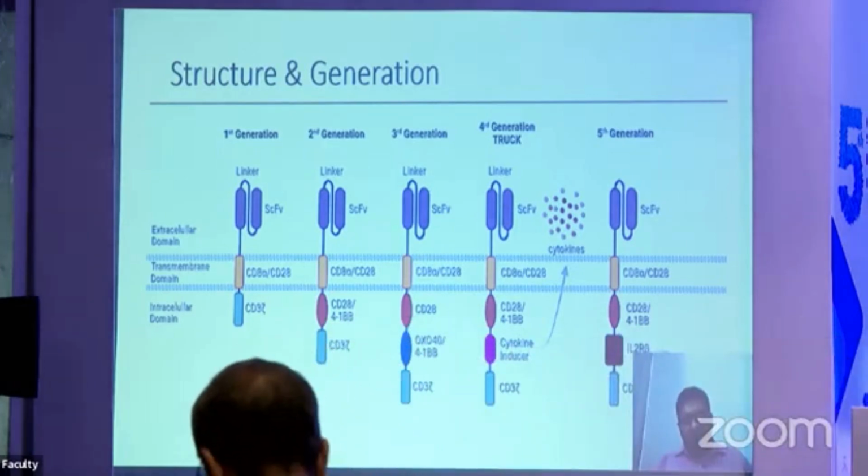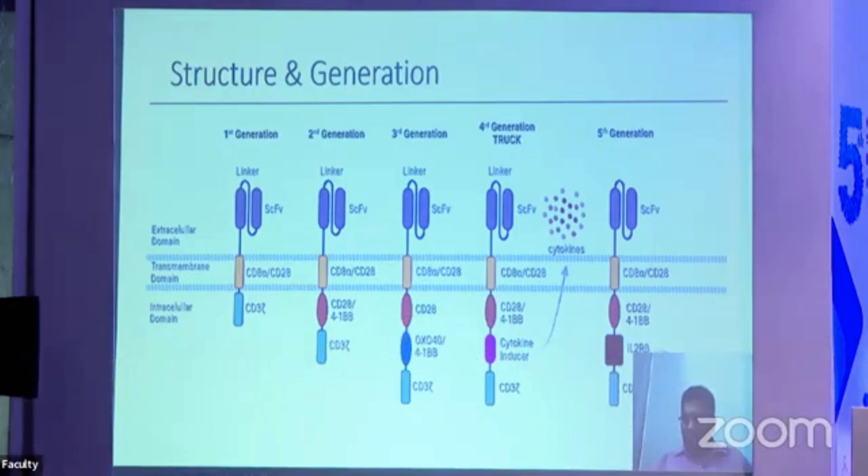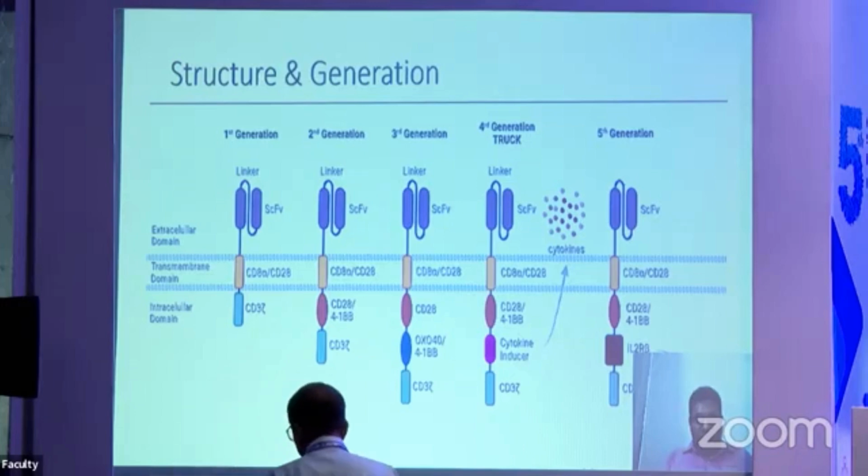Now, the first generation CAR-T can identify the tumor associated antigen, but it cannot give a tumoricidal response because the intracellular domain is weak. So this does not have anti-tumor properties. All the FDA approvals which have come up till now in leukemia, lymphoma, and multiple myeloma are second generation CARs.